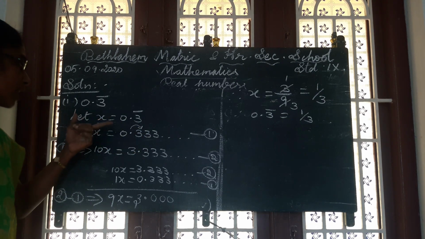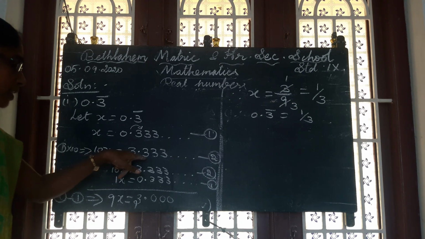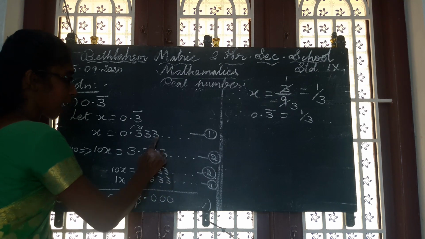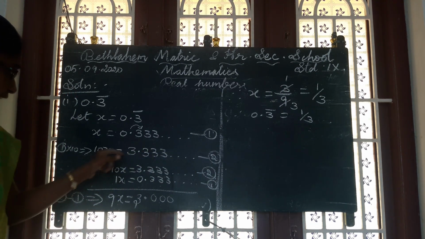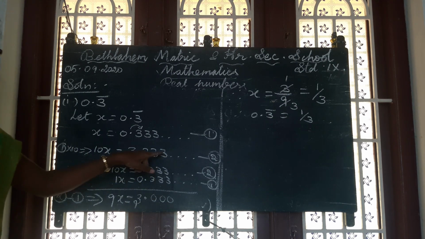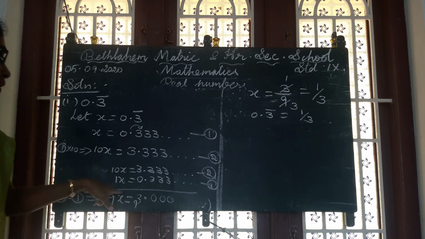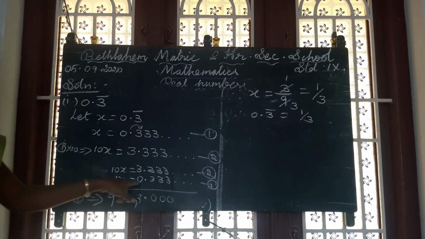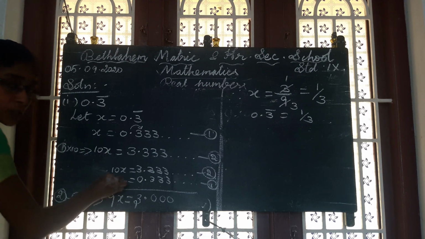Then, 1 digit repeating means you have to multiply by 10. So 10x is equal to 3.333 etc. Now equation 2 minus equation 1. 10x is equal to 3.333 etc. x is equal to 0.333 etc. Subtracting, x means 1x.